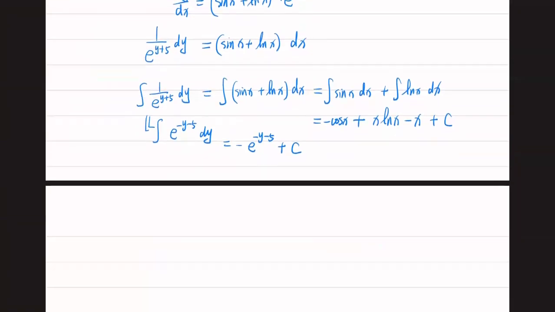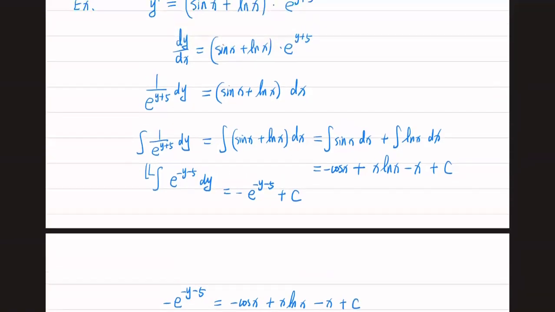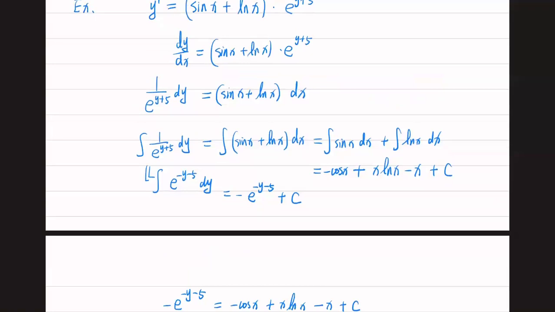Okay, so put them together, we get the solution of the differential equation. A little bit complicated, but the steps are not that difficult.